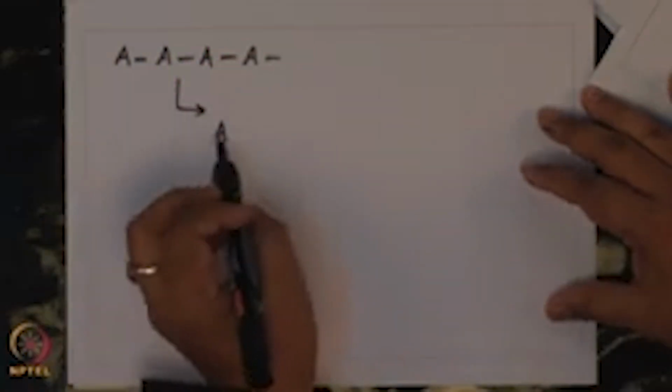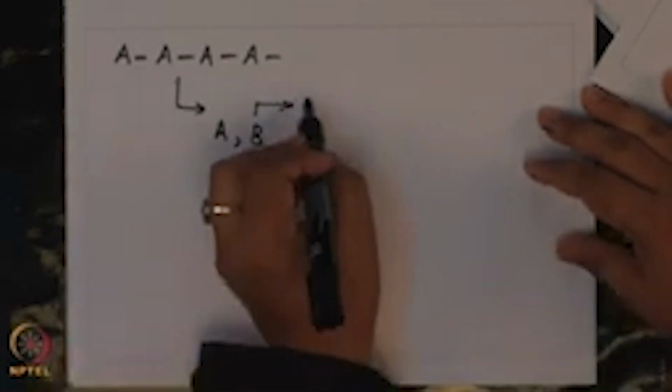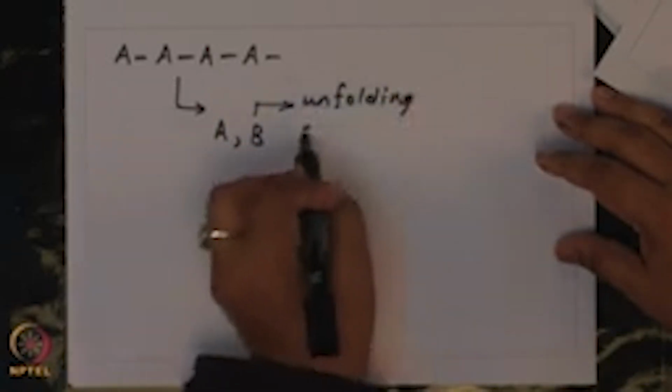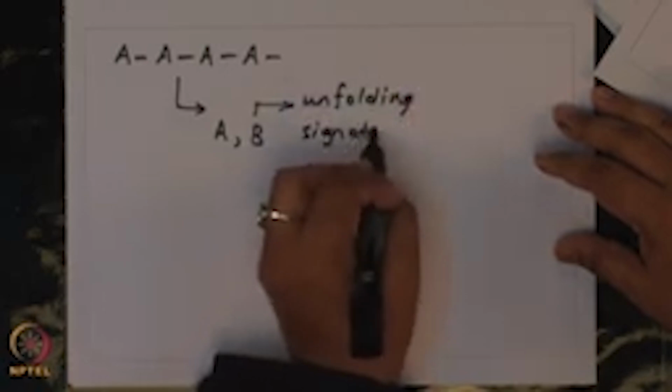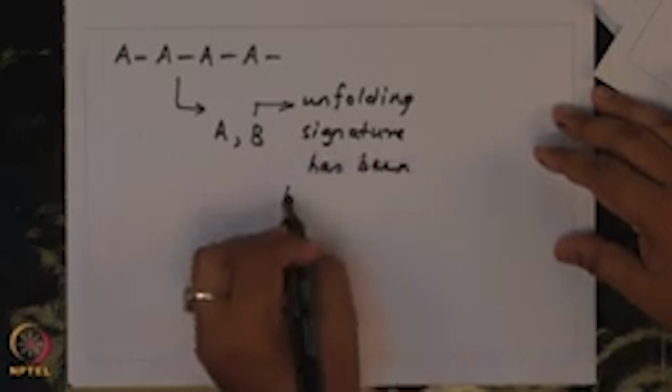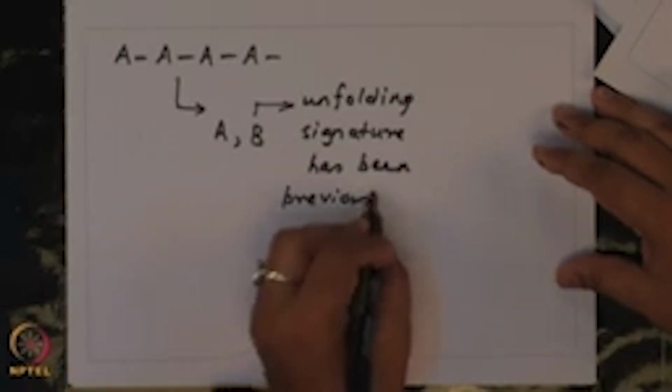What is typically done to get around it, given that you know your protein is folding stably as per other experiments, is that instead of just a polyprotein of A, you make a polyprotein with A and B, two components, where B is a component whose unfolding signature has been previously established.